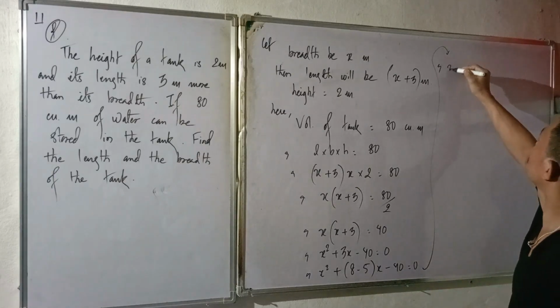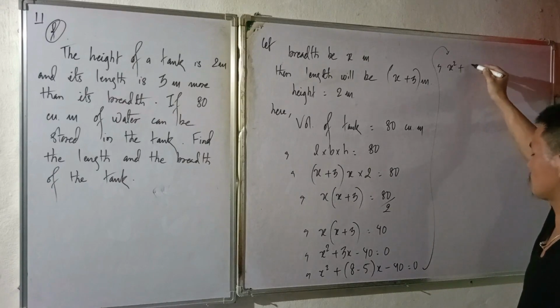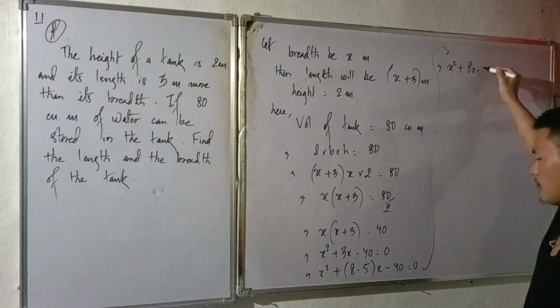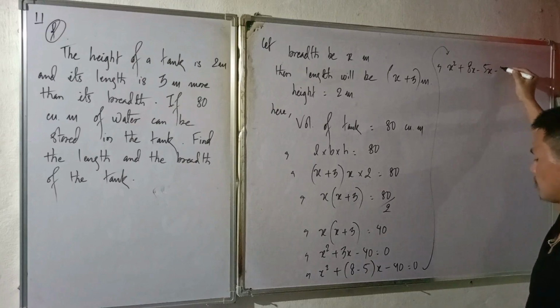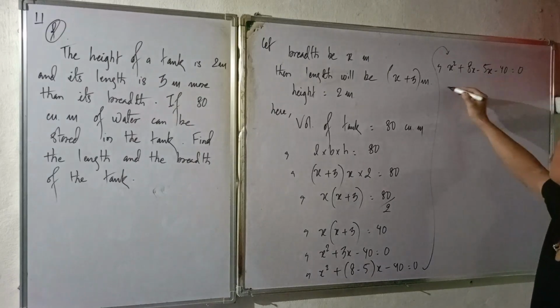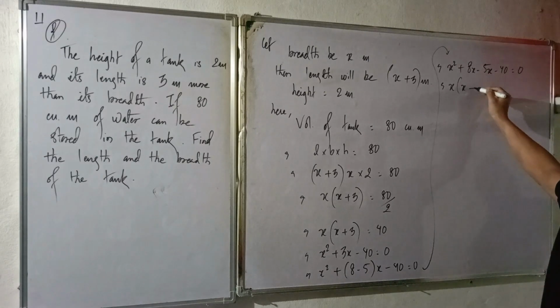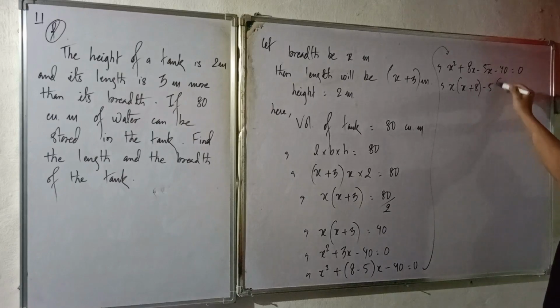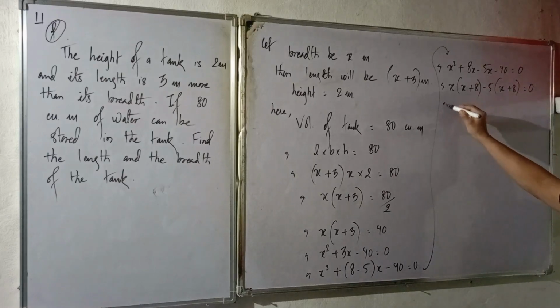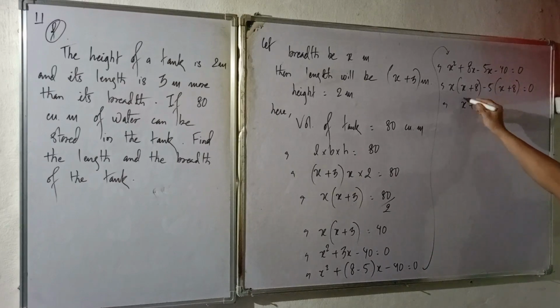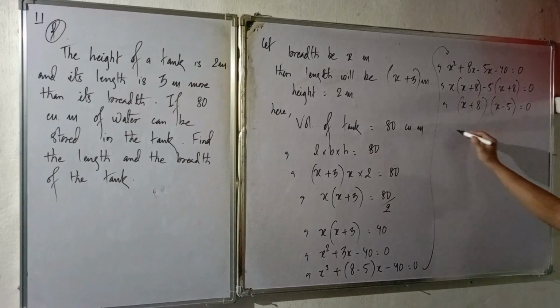Or x square plus 8x minus 5x minus 40 equals to 0. Or x times x plus 8 minus 5 times x plus 8 equals to 0. Or x plus 8 and then x minus 5 equals to 0.